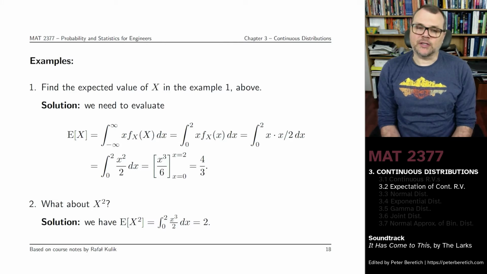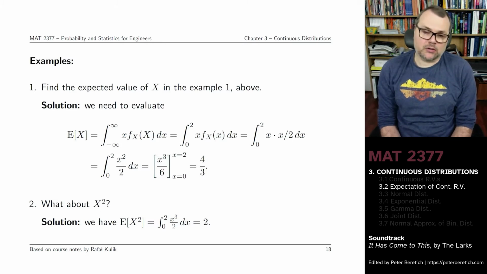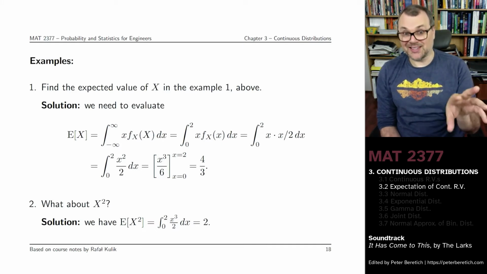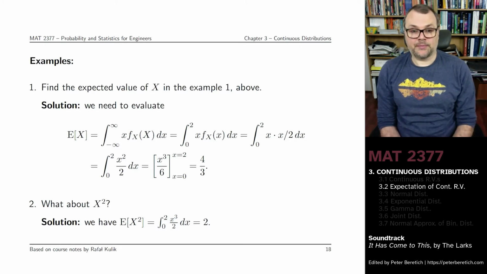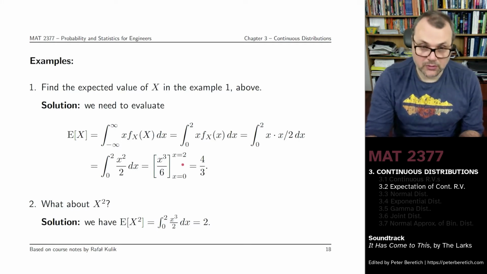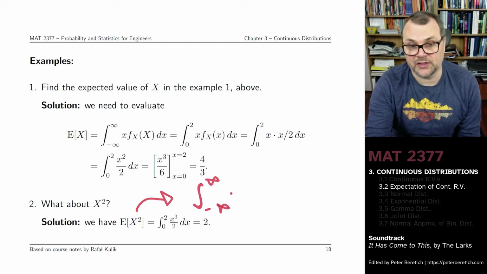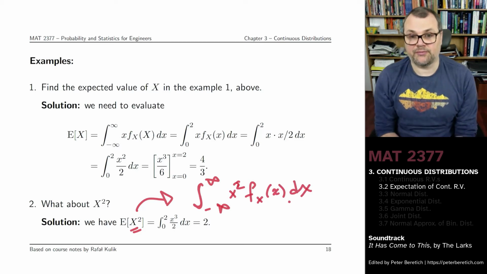And what if you wanted to compute the expectation of the square of the random variable? Well, you use the same probability distribution function, in this case, the PDF. And you compute the integral of, if you remember the full formula here, this would have been the integral between minus infinity and positive infinity of x squared, what you're trying to compute, times the PDF.